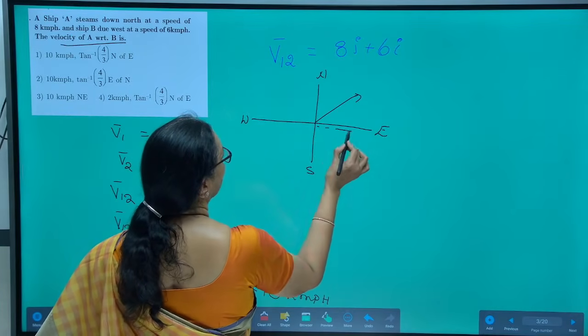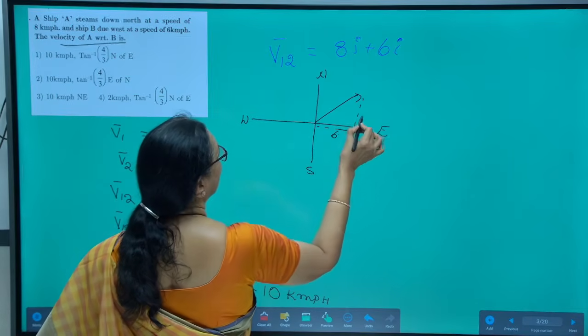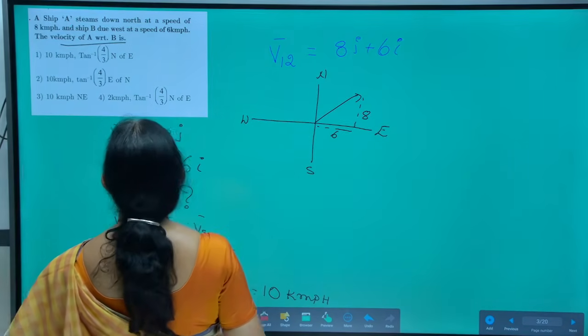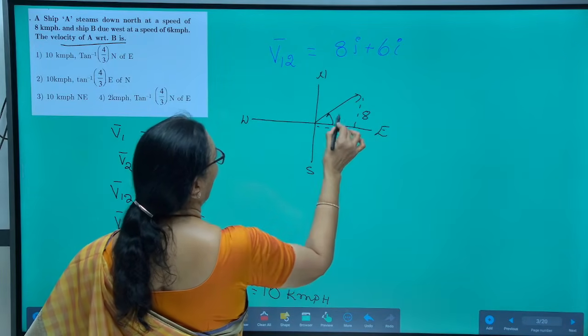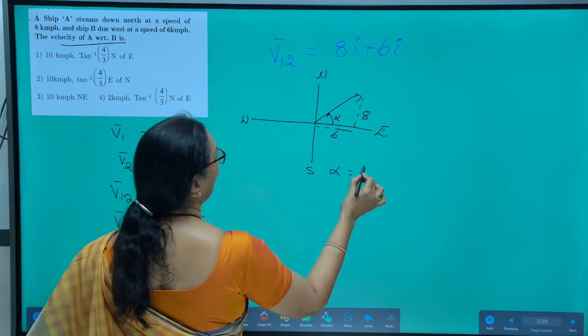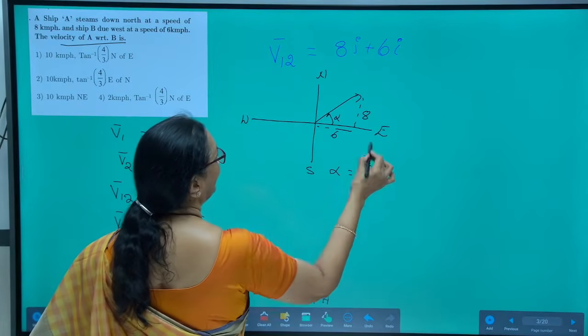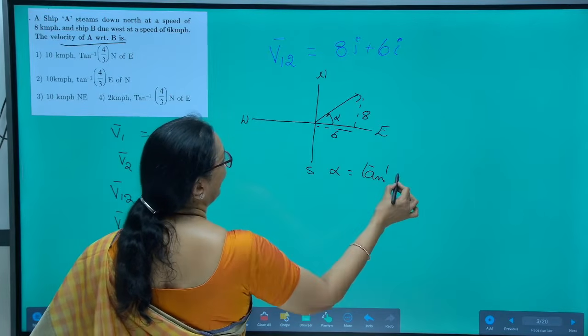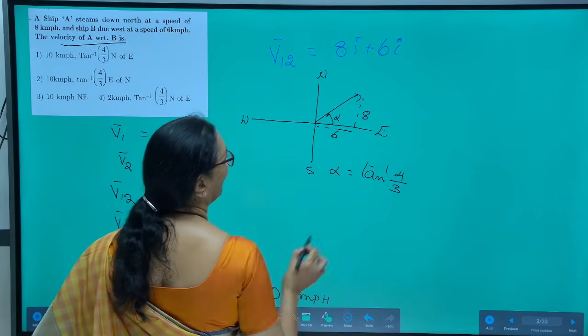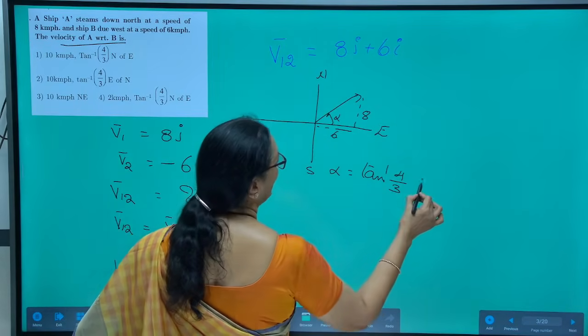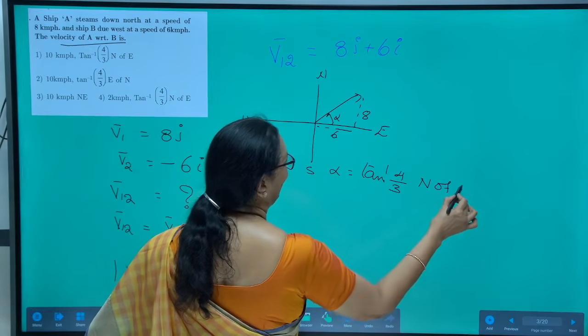Here this is 6 and this is 8. So, with respect to east, it is at an angle alpha equal to tan inverse opposite side by adjacent side, 8 by 6, that is 4 by 3, north of east.